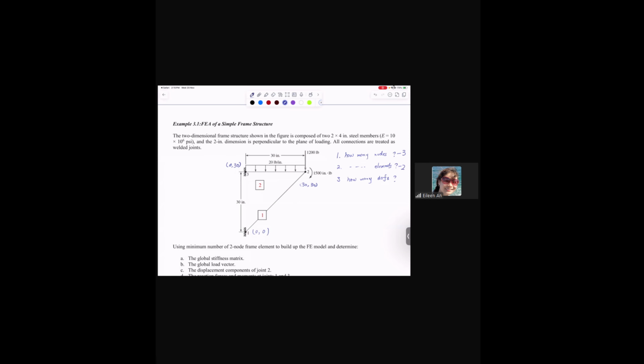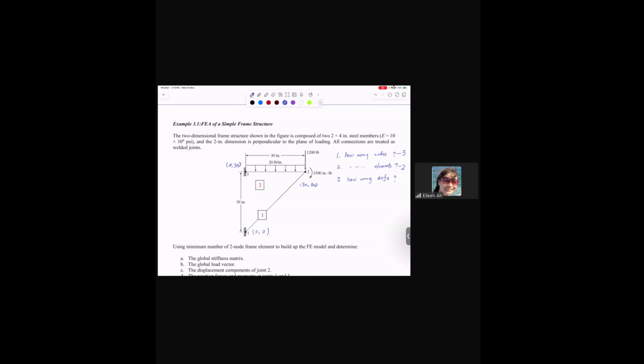Then may I ask, how many degrees of freedom does 1 node have? 3. Which 3? X and Y and the rotation, right? Great.